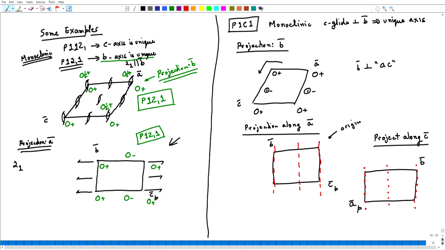So, this becomes a glide and you can fill in the motifs yourself.